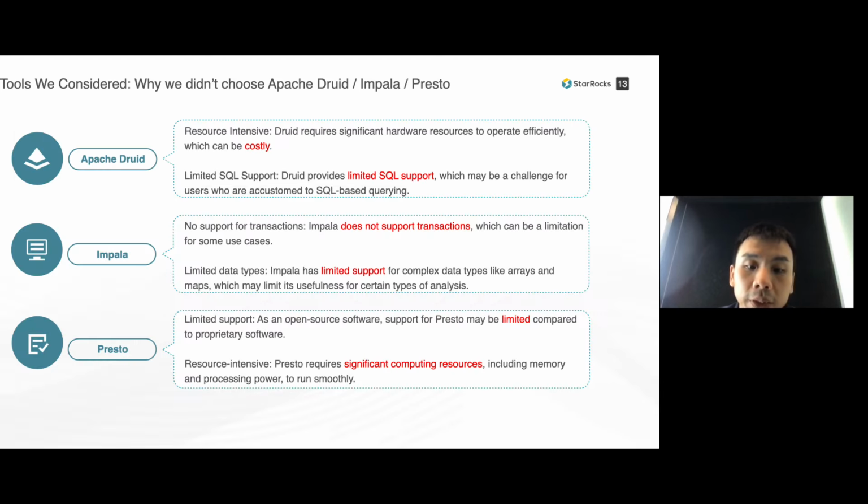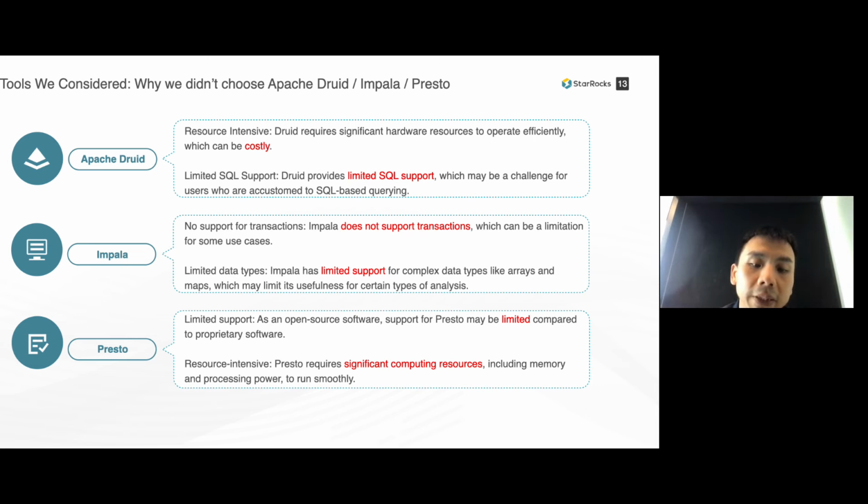We actually performed an internal comparison of tools like Druid, Impala, and Presto. Although they have some benefits, I will focus on their drawbacks in this listing as the reason for not selecting them. For example, Druid lacks support for SQL-like queries, which prevents our business team from accessing the tool.